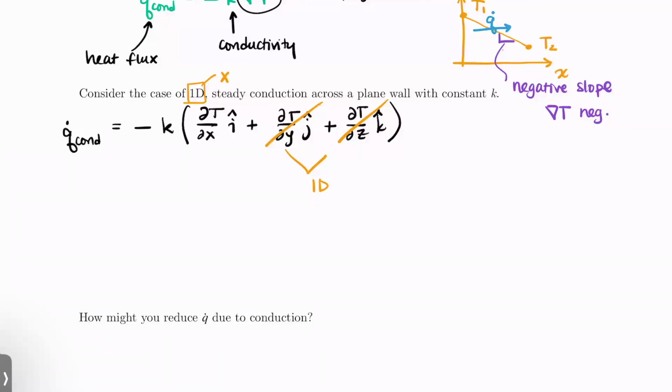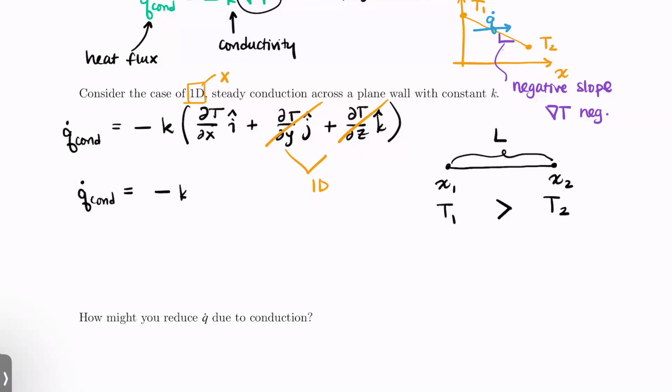Okay, and then I'm also going to assume that this is my wall. I have a location 1 and a location 2, and the distance between them is L. I'm also going to assume that T1 is greater than T2. So when I look at this simplified equation, I have Q dot for conduction is minus K dT/dx i hat.